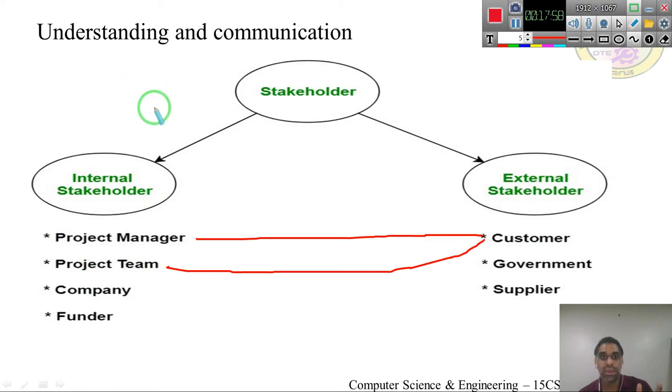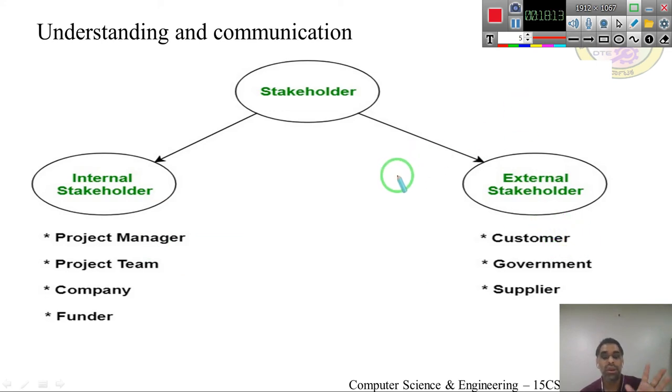So that is why you need to have a software architecture. Without software architecture it becomes a tedious job for the internal stakeholder to understand what the customer wants. Fine. So that is why architecture has to be designed for every software development process. So this is about understanding and communication.